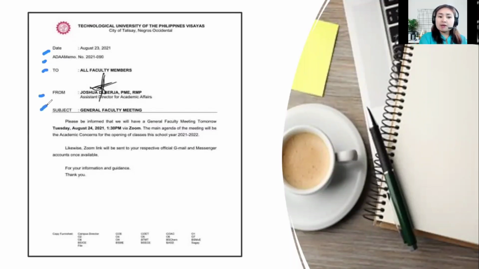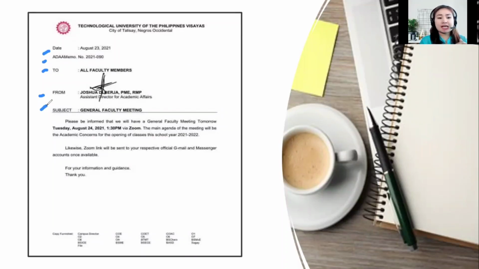Now, is it okay? Well, yes, it is okay, because memos vary from one organization to another. One institution usually has a template for its own memo.